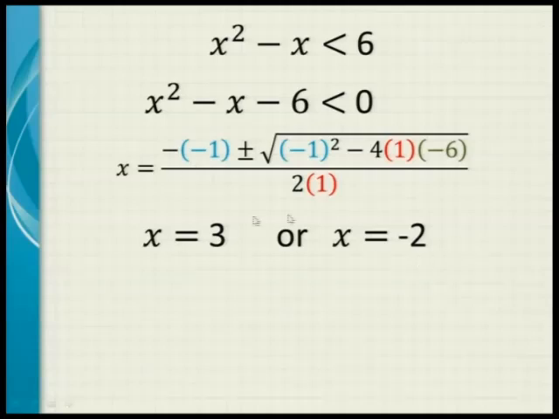But what does this x equals 3 or x equals minus 2 tell you? This tells you for which values of x this equation will be 0, not inequality. This inequality says what values of x will make this thing here less than 0.